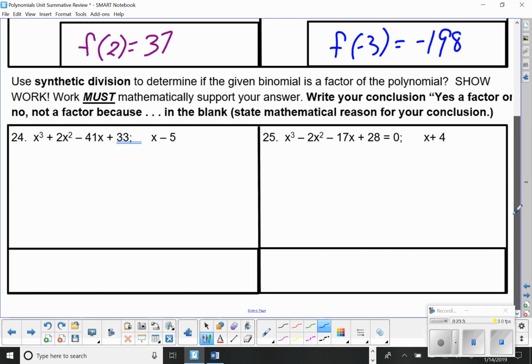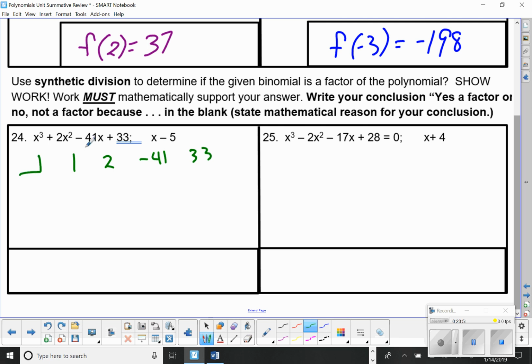moving down here, synthetic division to determine if x minus 5 is a factor of this, x plus 4 is a factor of that. Remember, to determine if something is a factor, you need a remainder of 0. So, it's just a matter of saying I've got 1, 2, negative 41, and 33.